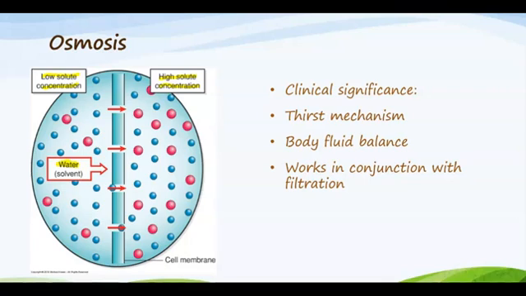Now you have to go back to A and P to review how does that concentration gradient occur? What are these solutes that we're talking about that are actually creating this osmotic potential? So we have things such as sodium. We also could have glucose. And we also have protein.